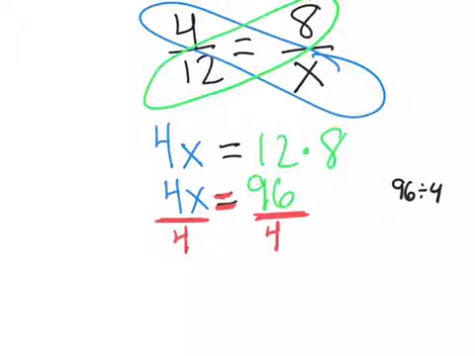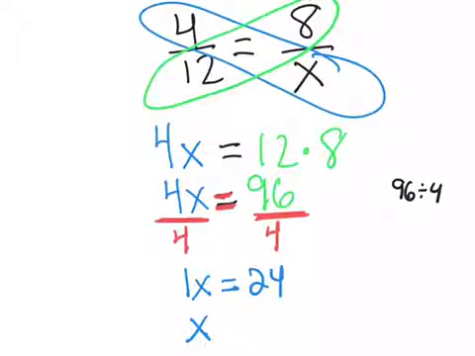So let's look at our left-hand side over here. 4 divided by 4 would be 1. And then I still have my X equals 96 divided by 4, which is 24. Now 1X, 1 times whatever X is, is just going to be X by itself.